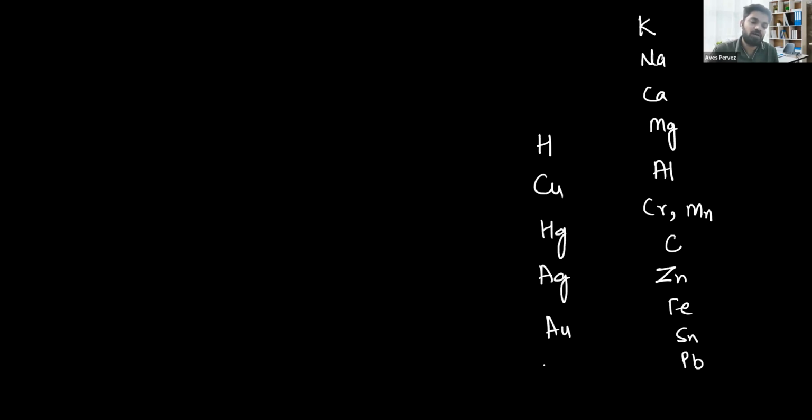And then zinc, iron, tin, lead. Then hydrogen, then copper, then mercury, then silver, then gold, then platinum. Got it? Yes, sir. So these two are the free metals. You know very well that these are the free metals.